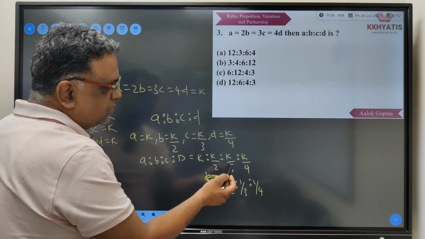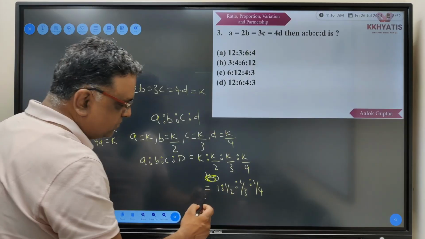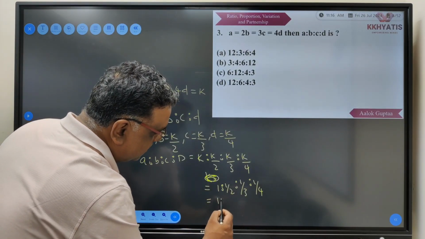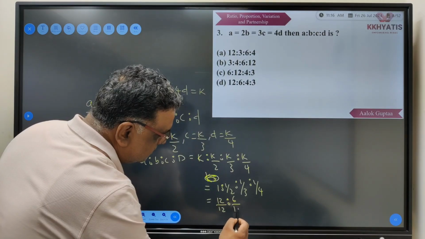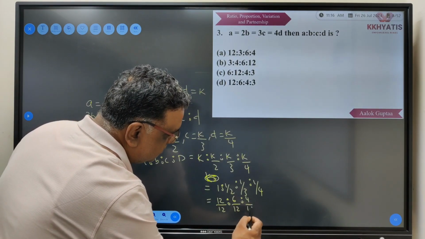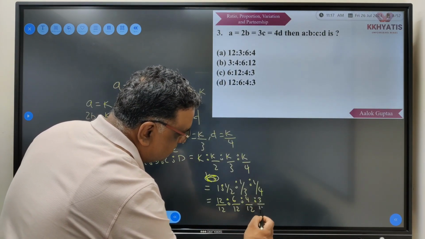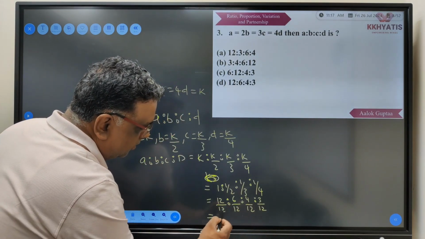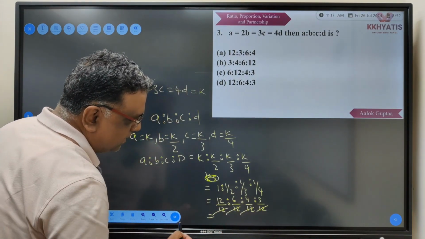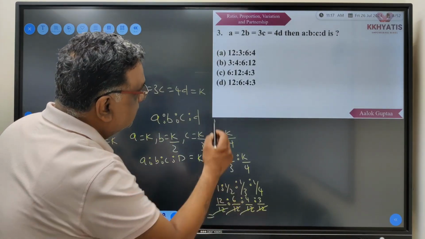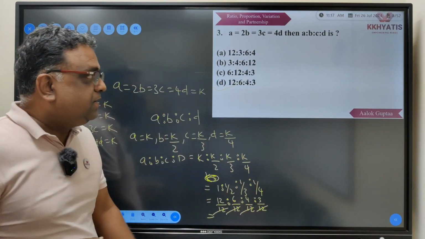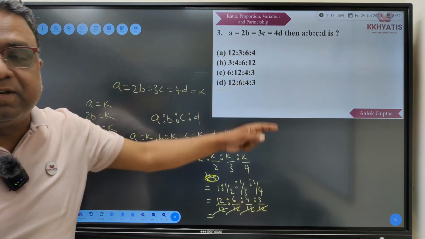Now the LCM of 2, 3 and 4 is 12. So I'll multiply this by 12: multiply by 12, this becomes 12; multiply by 6, this becomes 6; multiply by 4, this becomes 4; multiply by 3, this becomes 3. Now all these 12s in the ratio are the same and can get cancelled. So it becomes 12 is to 6 is to 4 is to 3. So A is to B is to C is to D is 12 is to 6 is to 4 is to 3. Clear?